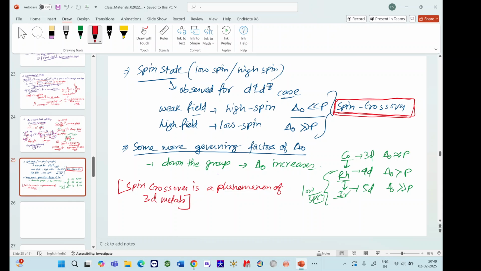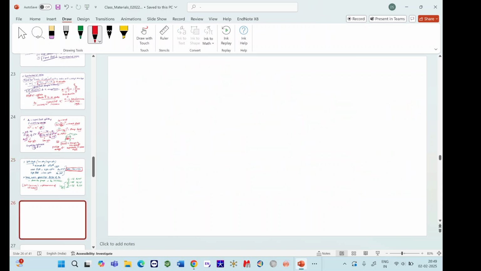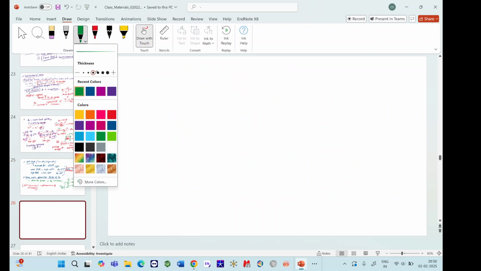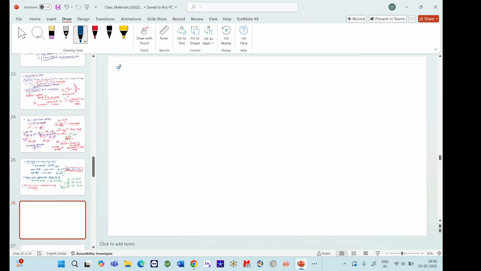Okay. Then a small part is left. So this was all about octahedral.